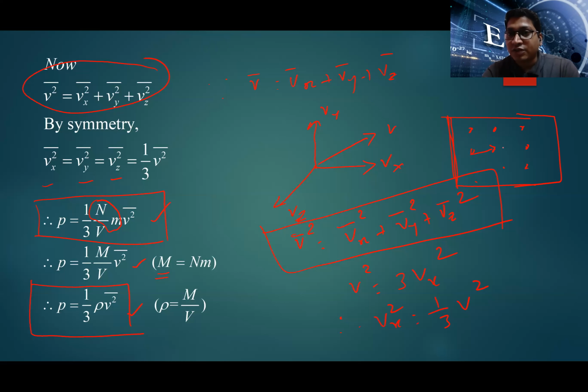Because of the collision, some molecules will gain velocity, whereas others will lose that velocity. So even if we consider the case that the molecules are colliding with each other, there will be no change in the expression for the pressure which we have derived here.